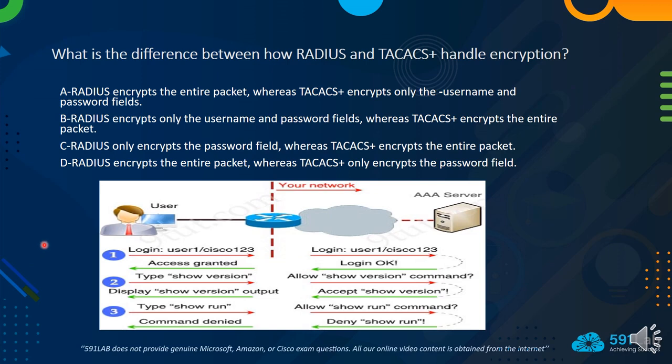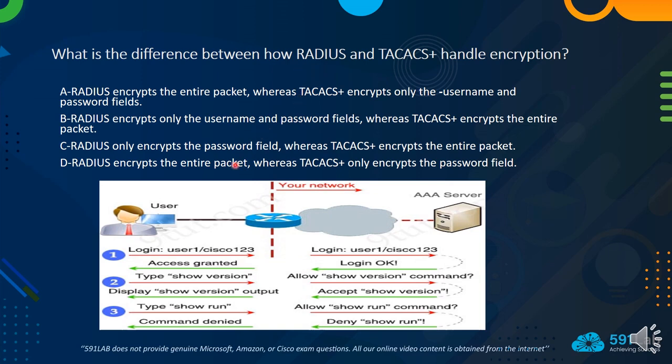The most commonly used protocols in authentication are RADIUS and TACACS+. So let's see our question. What is the difference between how RADIUS and TACACS+ handle encryption? Let's see the explanation of the question.